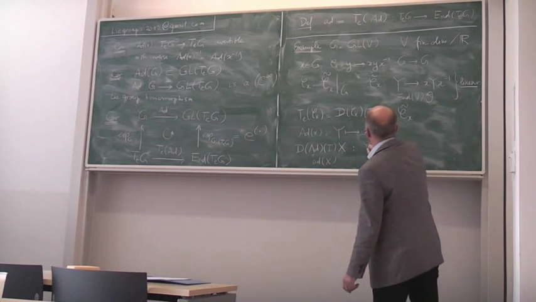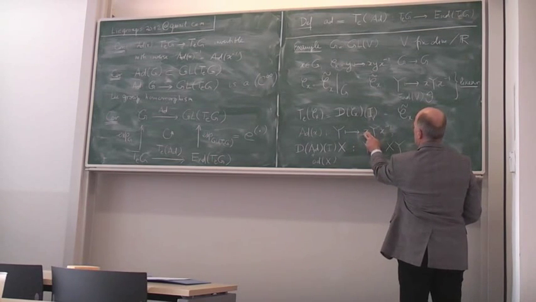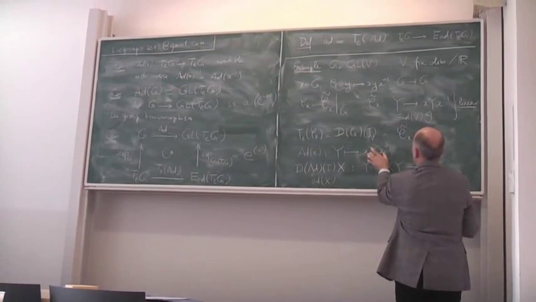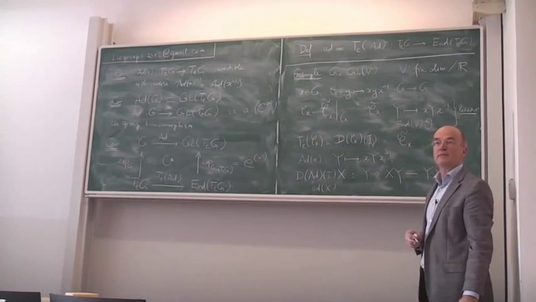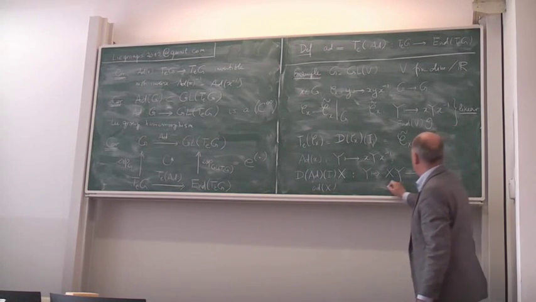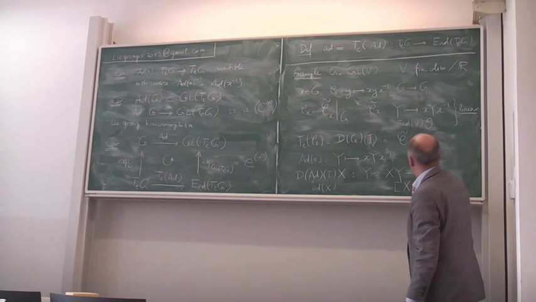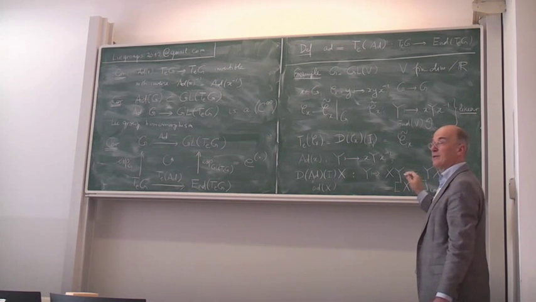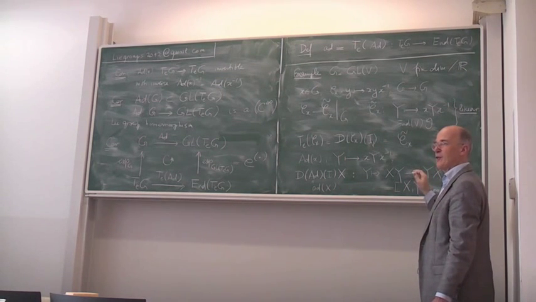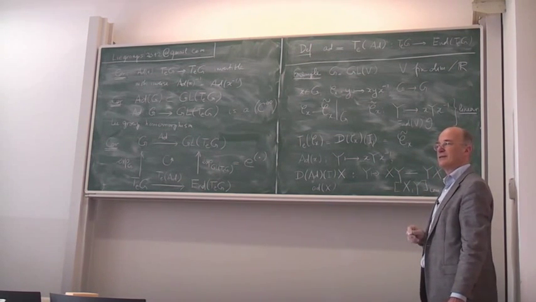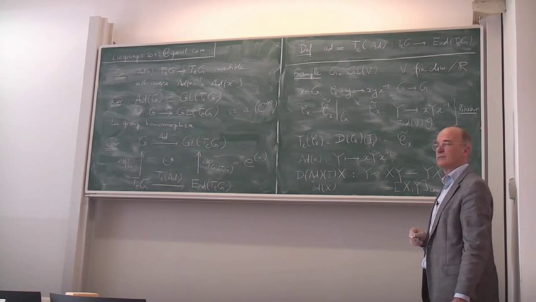It's really Y maps to XY coming from differentiation with respect to this variable, and then minus YX coming from differentiation with respect to that variable. In other words, this is just the commutator brackets of X and Y. So in this classical example, we produce here the commutator brackets as a kind of second order derivative, mixed partial derivative of the conjugation structure.